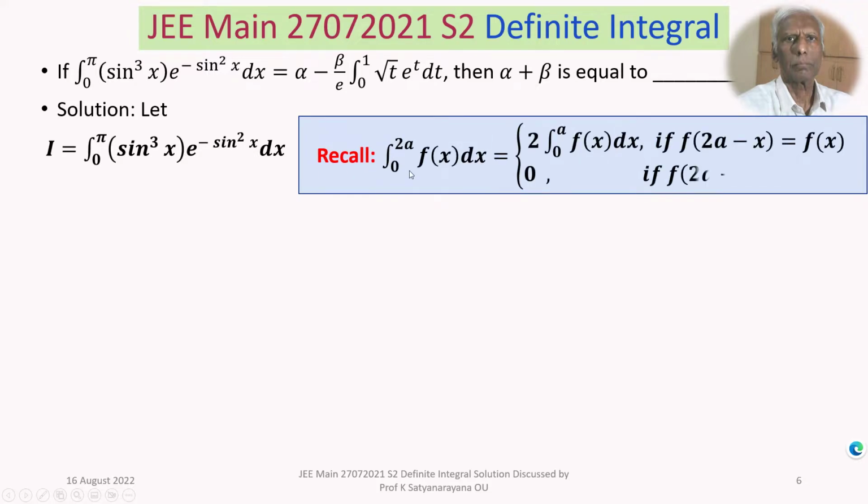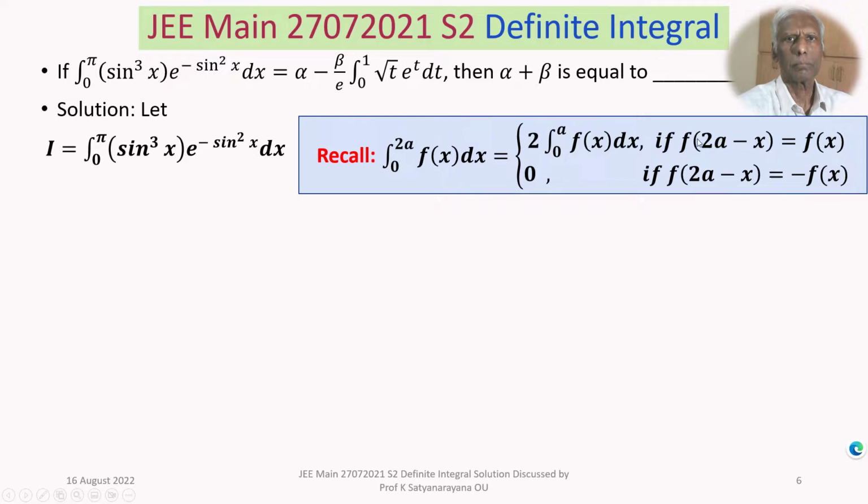The result is: integral 0 to 2a f of x dx is equal to 2 times integral 0 to a f of x dx if f of 2a minus x is equal to f of x. That means the integrand is invariant after substituting x by 2a minus x.